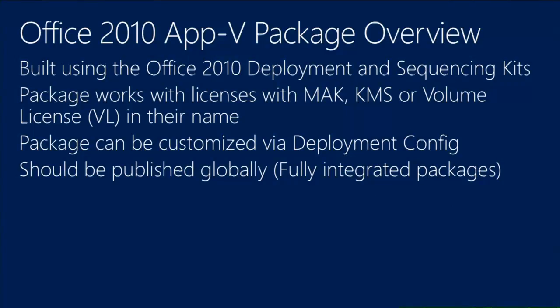You have the same licensing you're used to. We can utilize the deployment configuration files that you saw earlier with Office 365. So they work the exact same way with Office 2010, and we'll talk about that a little bit more. And just like the Office 365 AppV package, you really need to publish this globally to get the full integrated functionality that your users are going to want.